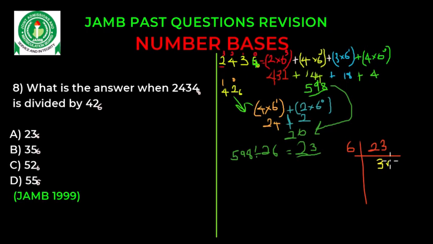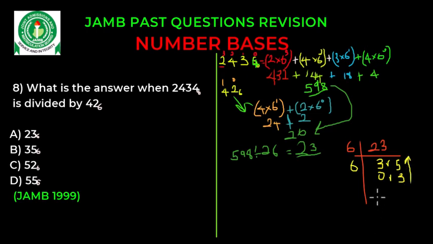We proceed again, still using 6. 6 comes into 3. How many times? 0 times, and then remainder 3. All right, so that's the final answer, and we are going to read it from bottom.